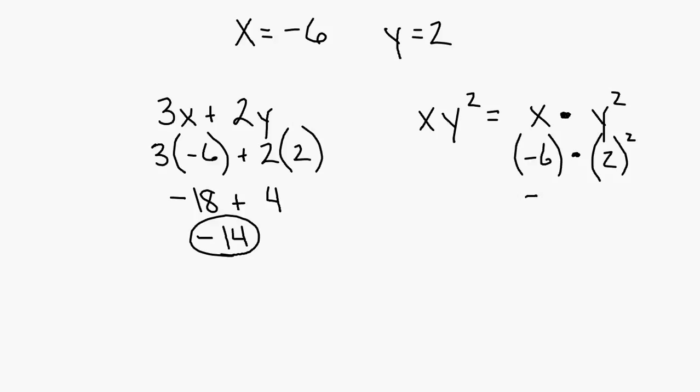So you're going to have negative 6 times, what's 2 squared? 4. And then negative 6 times 4 is negative 24. The key is to put the value of the variable in parentheses, and when you do that, you won't make a mistake in your order of operations. Does anybody have any questions?